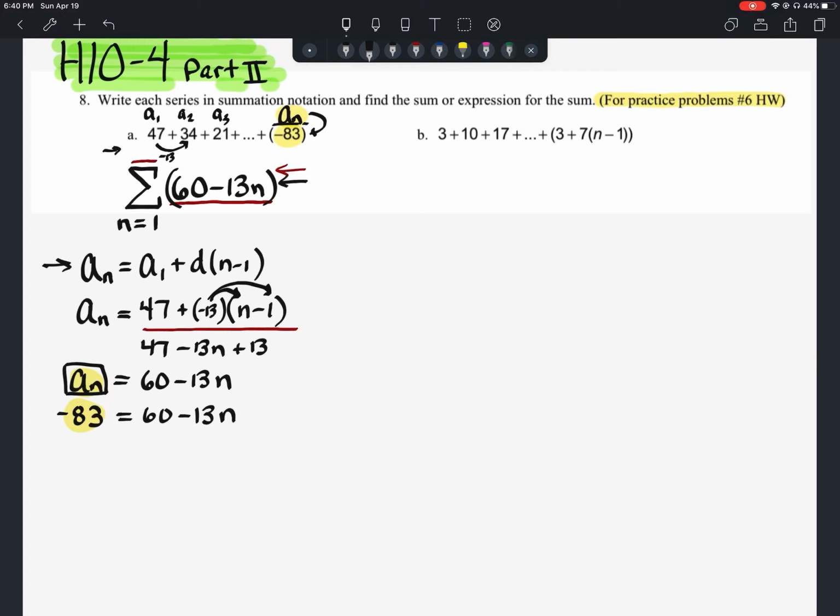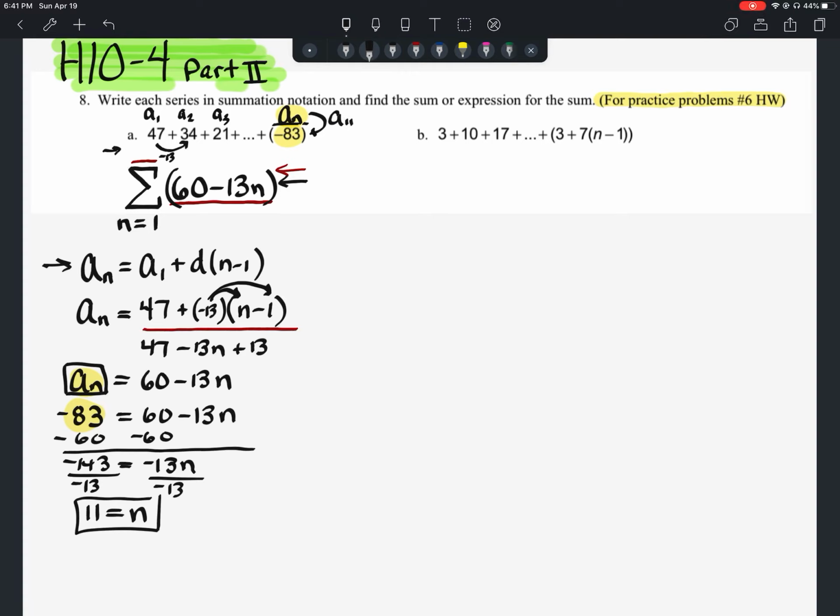Now we can figure out how many terms there actually are. Let's just solve this. We'll subtract 60 from each side. So we now have negative 143 equals negative 13n. Divide each side by negative 13, and we'll find here that there are 11 terms in this series. Okay, so we have 11 terms. This term here, negative 83, is actually a sub 11.